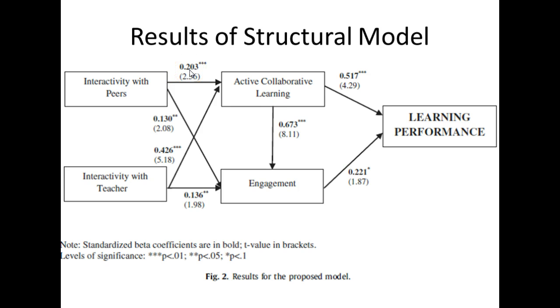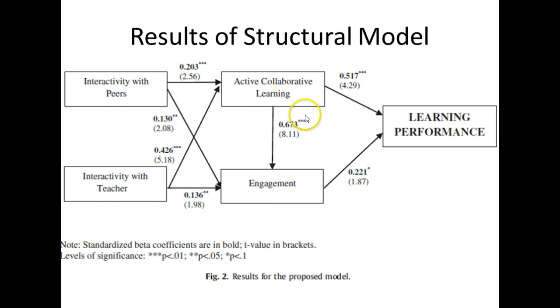Beta is a value that represents the number of standard deviation units that each variable contributes to the others. So they're all based on the same scale. We can compare them to each other. So a 0.20 would be stronger than a 0.14 and so on.